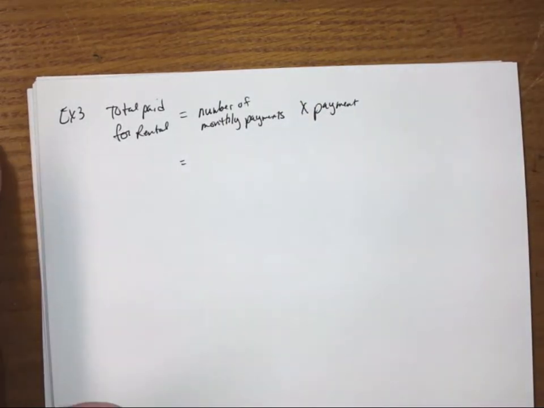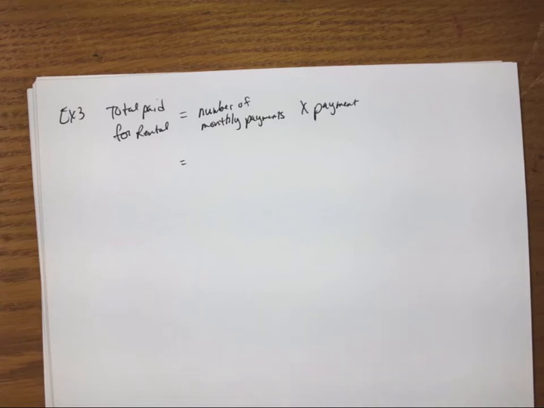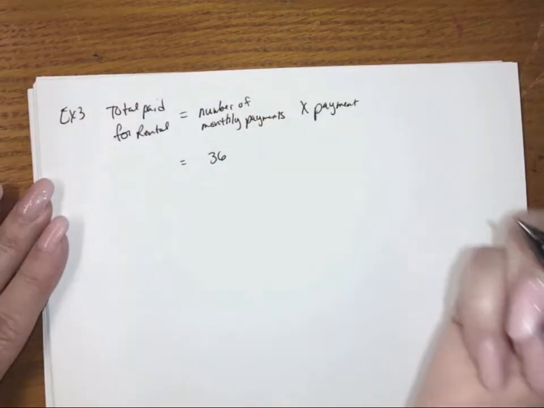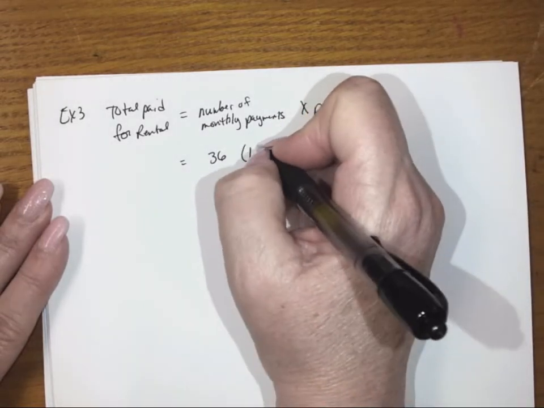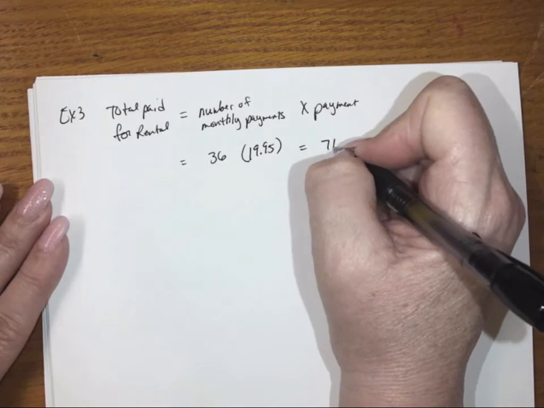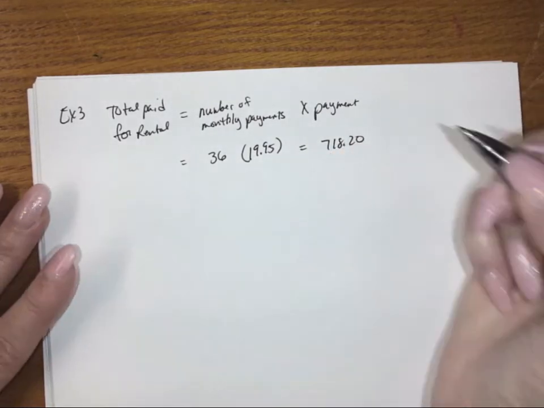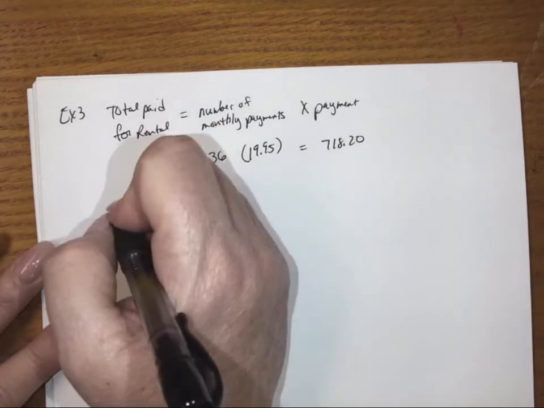So in Jeff's case, we are looking for 36 months. If he rents it to own for 36 months, so 36, and we're going to multiply it by the payment of $19.95. When you do that, it's $718.20. So let's go look at the finance charge.